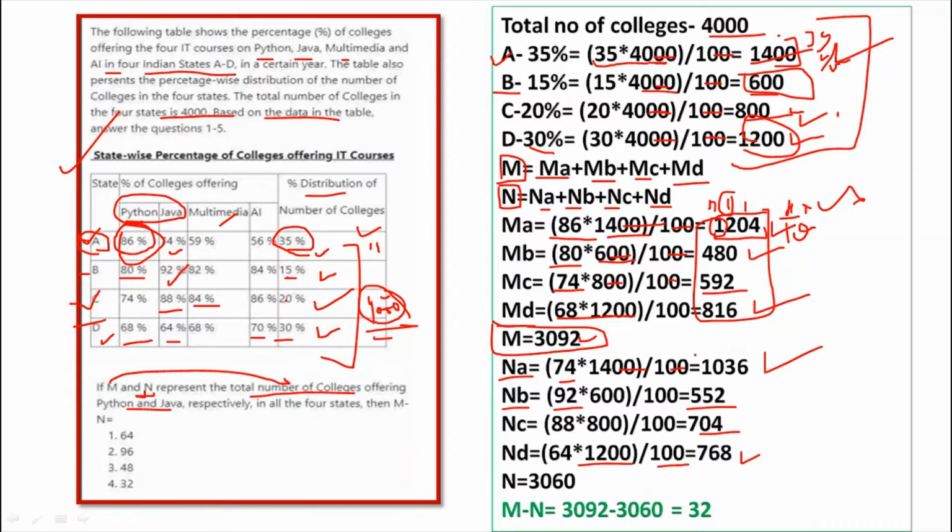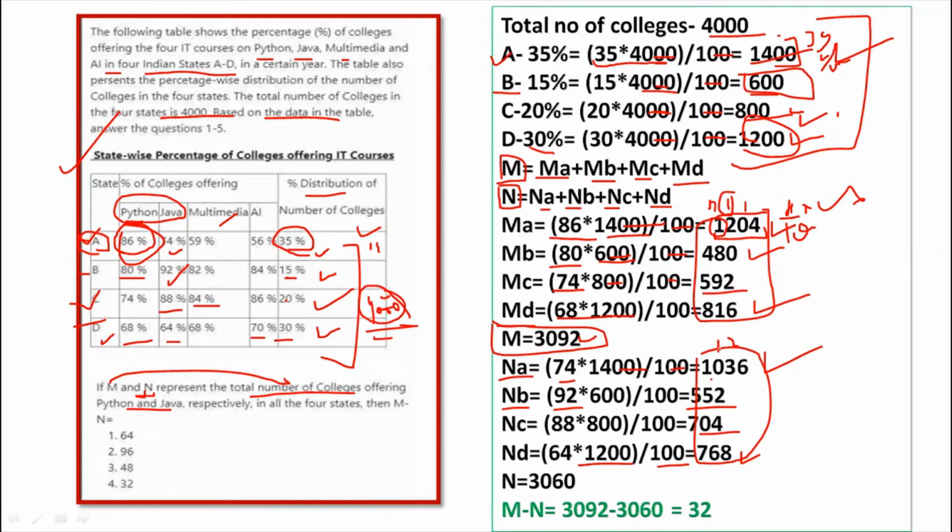So we again add these numbers. Total number of colleges offering Java: 1036, 552, 704, 768. Unit positions 6, 2, 8, 8, 4, 12, 12, 8, 20. 2 balance. At the tens position we have 2, 3, 5, 5, 5, 10, 0, 10, 6, 16. Again left with 1 balance.